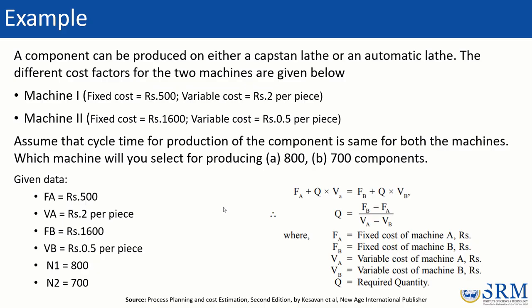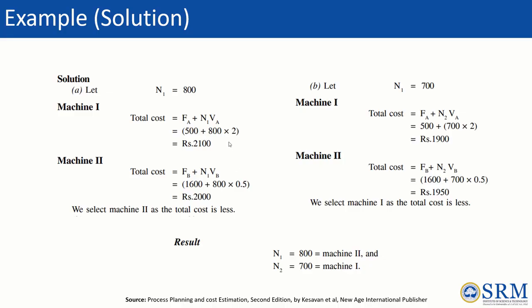Lower production quantities generally favor machines with lower fixed cost, while higher production quantities favor machines with lower operating cost. So the result is: N1 equal to 800, machine 2 has to be selected, and N2 equal to 700, machine 1 is selected.